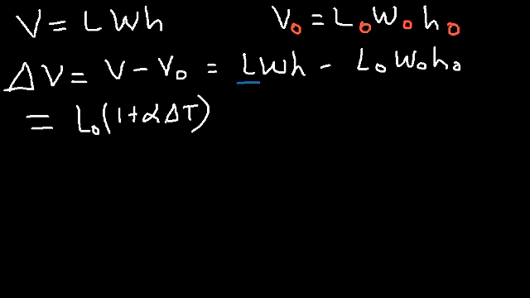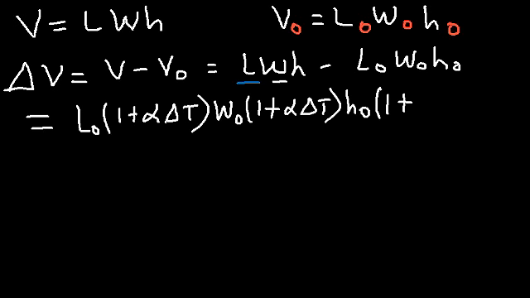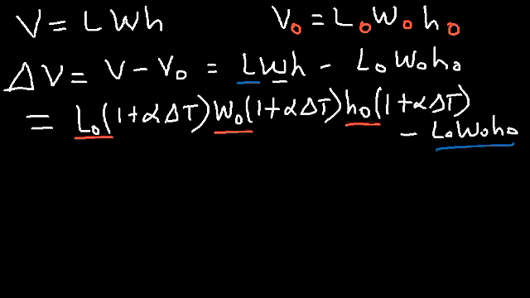Now W is going to be something similar. It's W0 times 1 plus alpha delta T. And H, if we follow the same pattern, it's going to be H0 times 1 plus alpha delta T, minus L0 W0 H0. So we're going to take out the GCF. We're going to factor out L0 W0 H0.